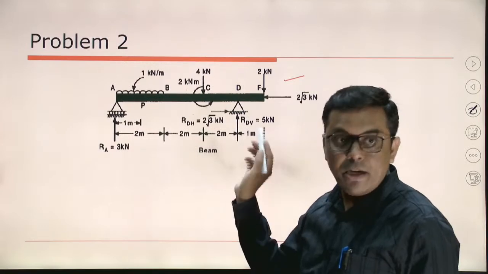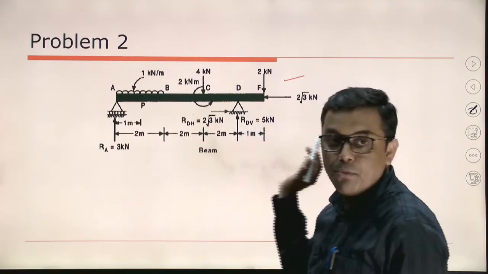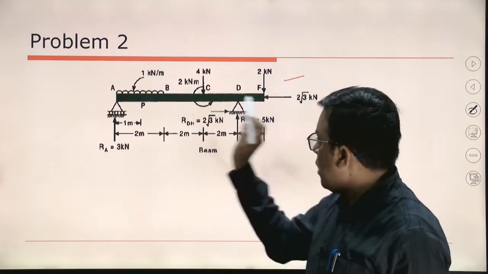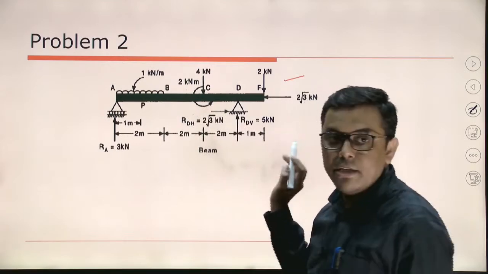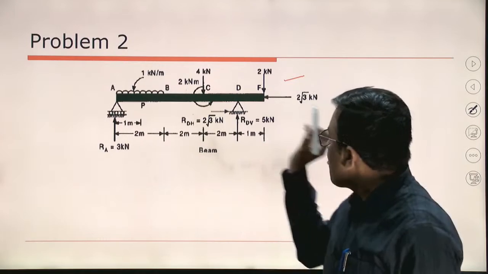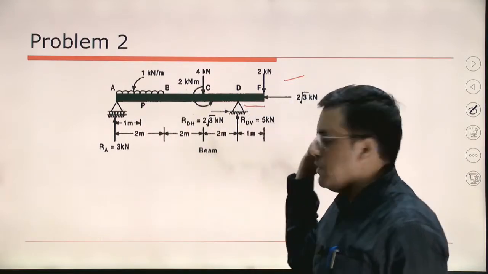Those who are available in the class can write all their comments in the chat box. So, the beam is visible, and the loading condition is also visible. Now, let me explain what exactly the loading condition is and which type of beam it is. It is an overhanging beam because a certain portion of this beam, DF, is hanging.